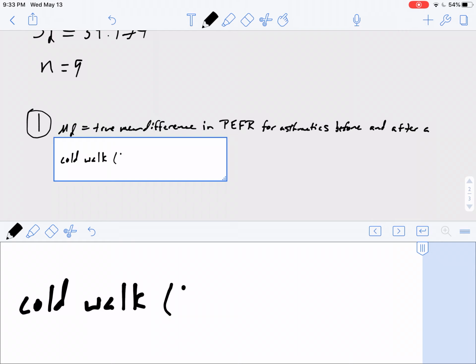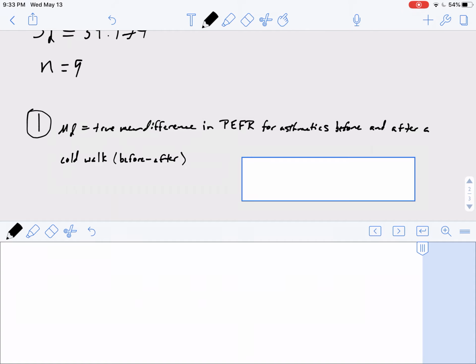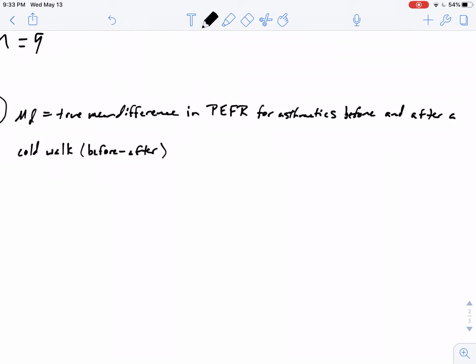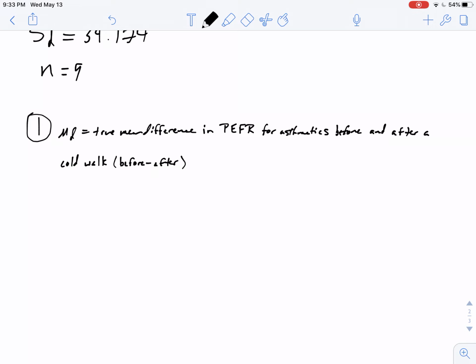Specifically it was before minus after, so I'll put that in parentheses so it's clear. So that's mu sub D, defining my parameter of interest.